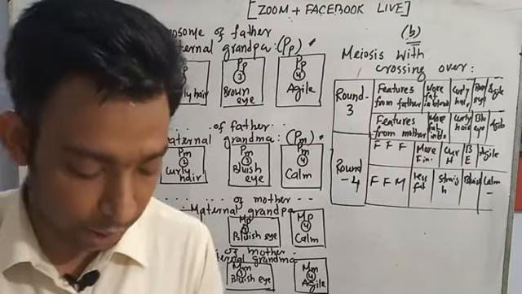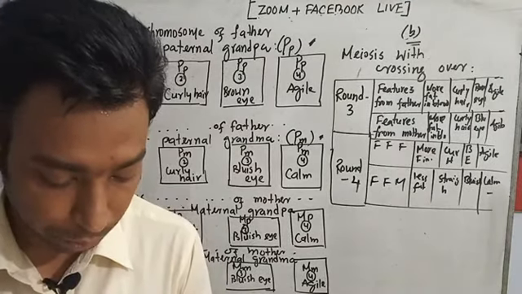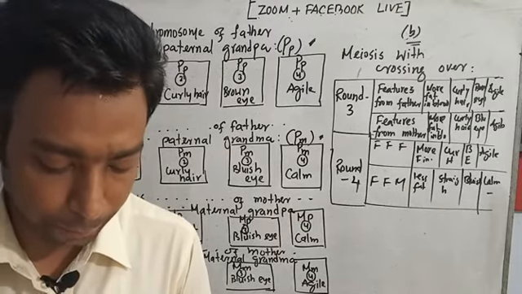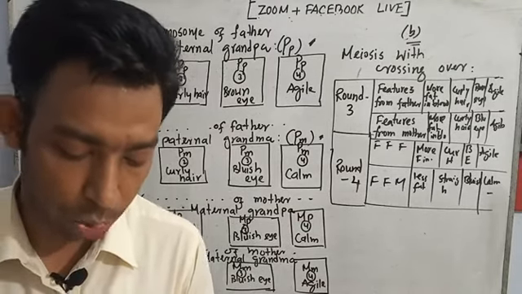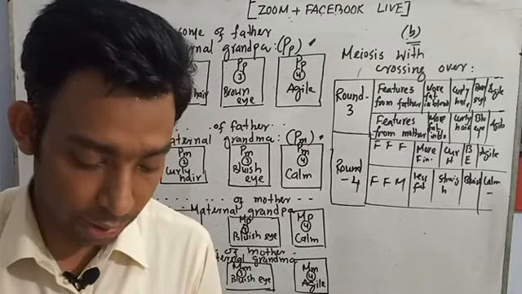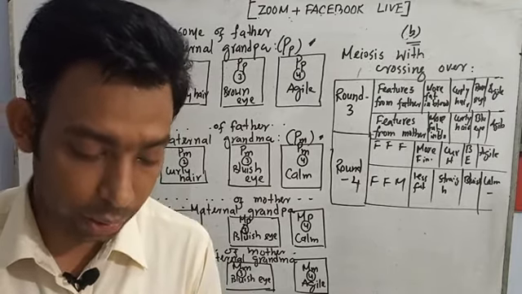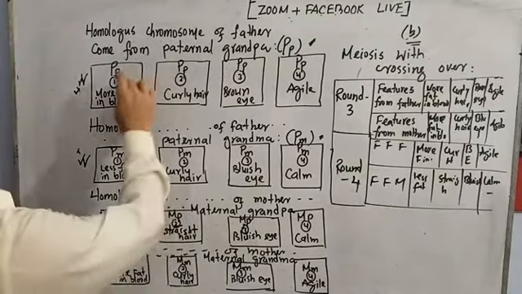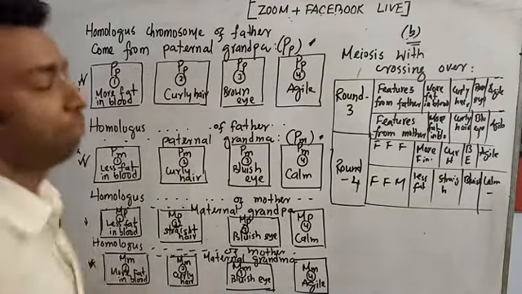Here it is mentioned in the question, if it is crossing over, then one homologous chromosome goes to the gamete, and we can do it 2 times, PM, PP and PM crossing over.